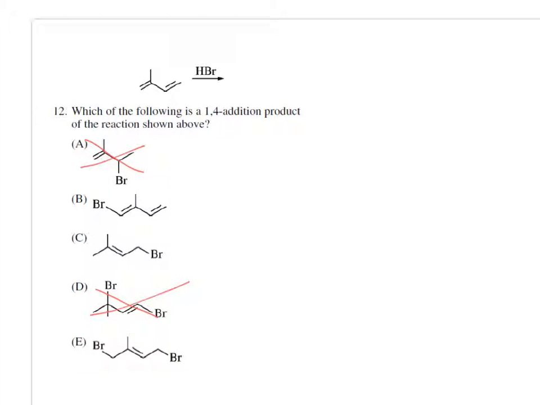Another aspect of this is that the alkenes go away and they become a single alkene. And we know that because we can draw the mechanism like this. If we put this cation here, we now have a resonance stabilized cation.